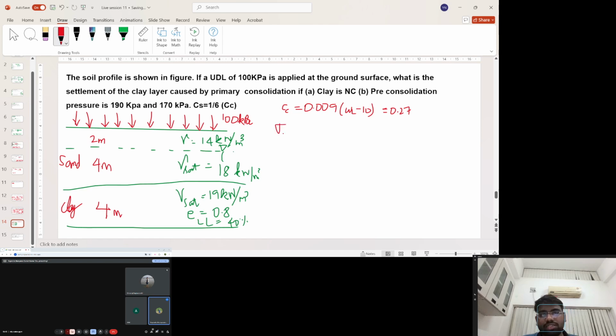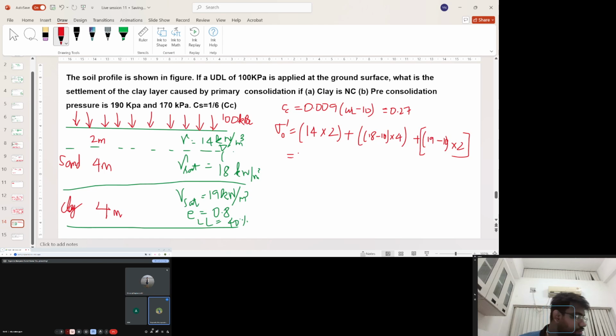We need to find sigma naught dash, which will be 14 into 2 plus 18 minus 10 into 4 plus 19 minus 10 into 2. 28 plus 8 into 4, 32, plus 18. 32 plus 28, 60, it will be 78. Right? Yes, sir. In kPa.